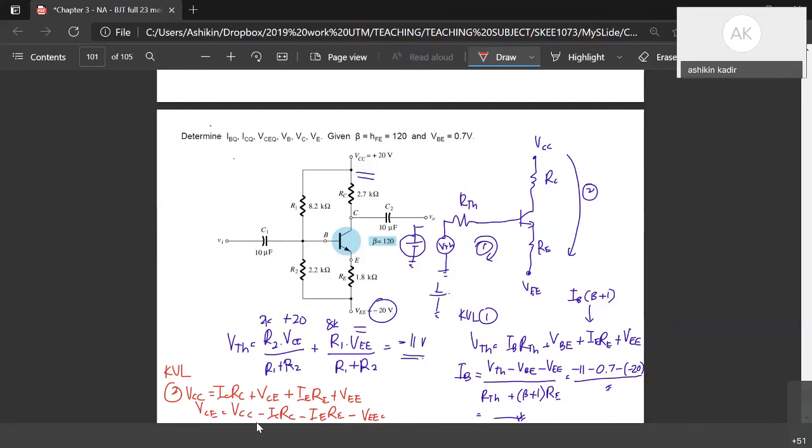Now your VCC is 20, minus your ICRC, you just put the value, and then minus VEE. So minus VEE is minus 20. Then you get the answer for VCE. So that's it. This one you can try later.